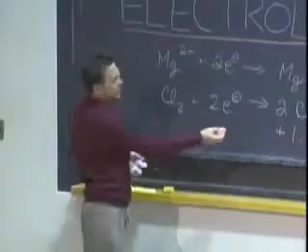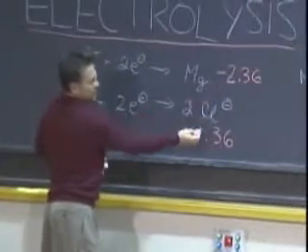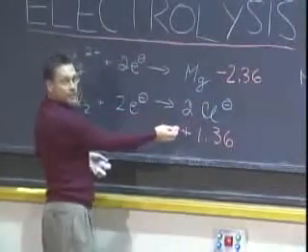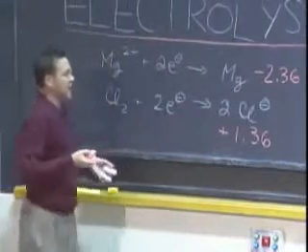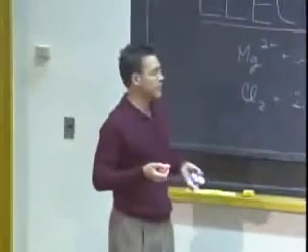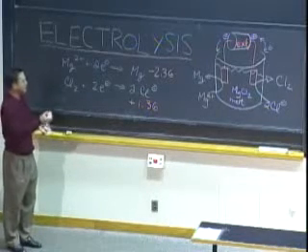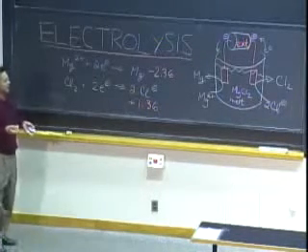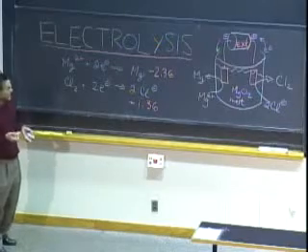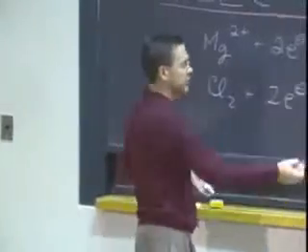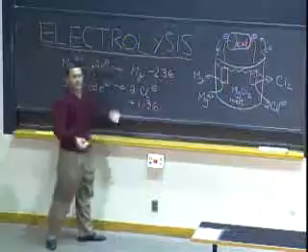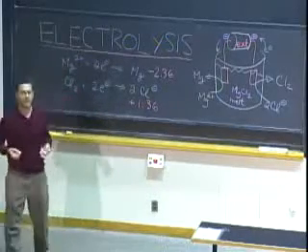And so overall, if you reverse the sign of the anode reaction and add it to the cathode reaction, you're going to see that this one is non-spontaneous by an absolute magnitude of 3.72 volts, which is this absolute difference in potentials.